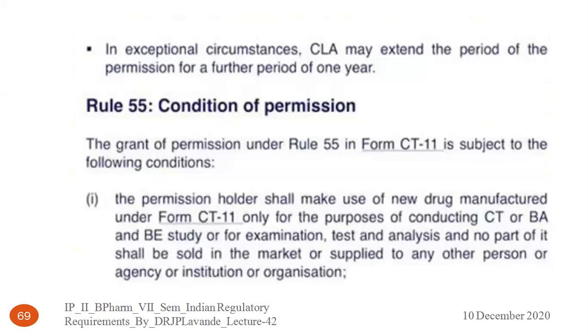In exceptional circumstances, the CLA may extend the period of permission for a further period of 1 year. Let us say the period like COVID, isn't it? This is the emergency in which the government may consider giving an extension to the applicant.